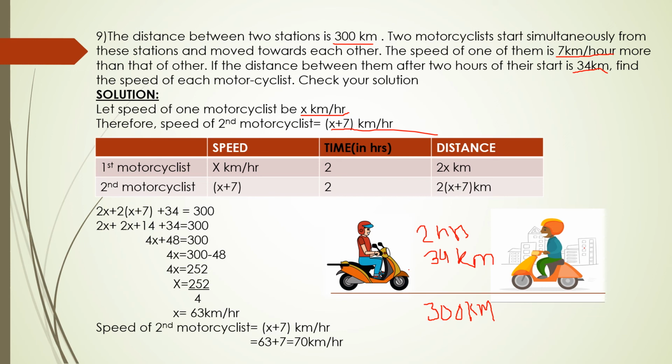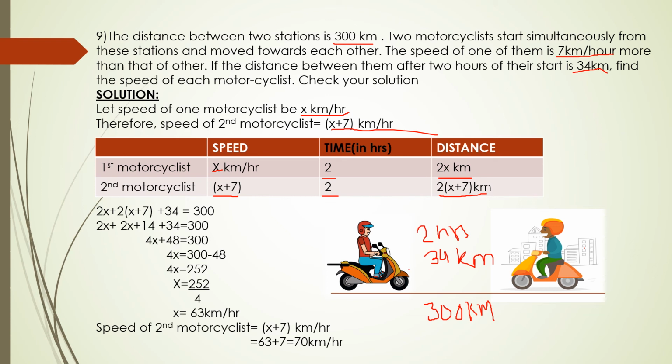Now coming to your table, first motorcyclist, his speed is x kilometer per hour, time is 2 hours only, so distance is 2x. For the second motorcyclist whose speed is x plus 7 kilometer per hour and time taken is 2 hours, the distance traveled is 2 into x plus 7 kilometer.